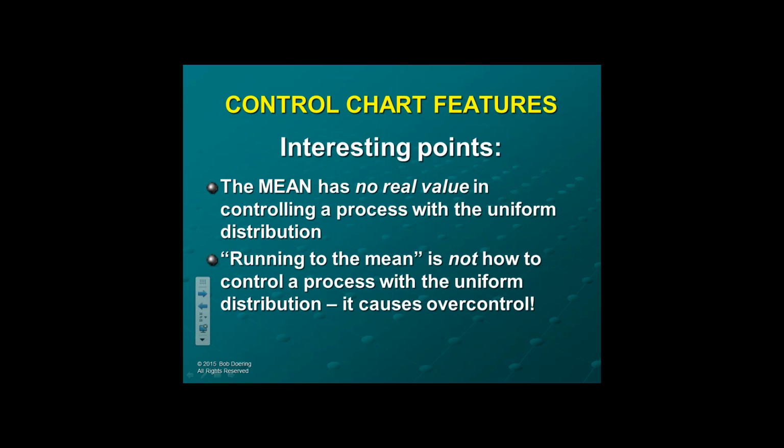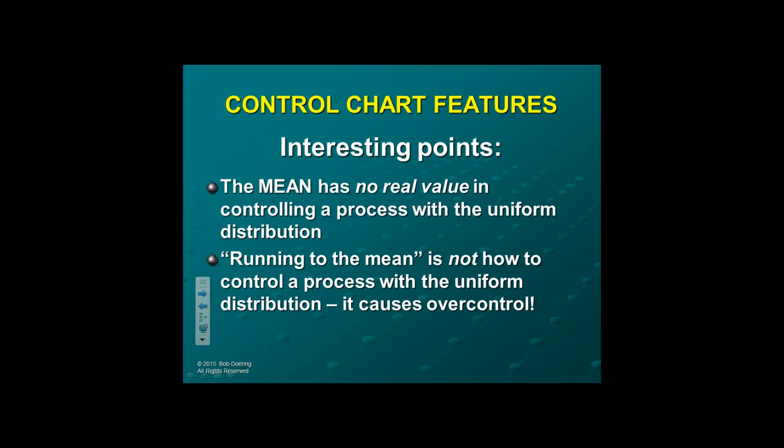In fact, what's really interesting about this is that in machining with tool wear, the mean has no real value in controlling the process with the uniform distribution. It doesn't really care about the mean. All it cares about is the two edges of the distribution.